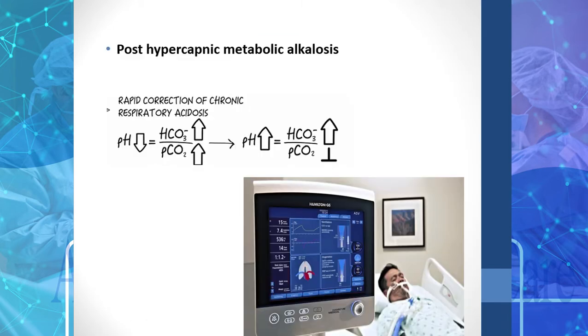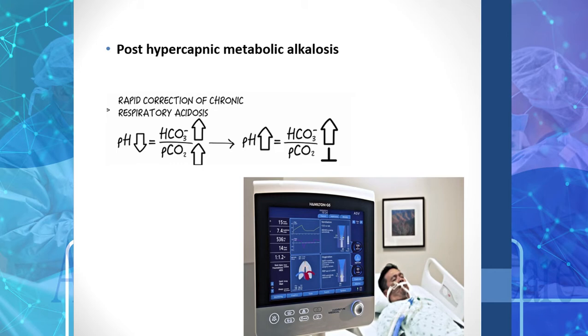Okay, another cause which we usually see in COPD patients is post-hypercapnic metabolic alkalosis. What's happening in this situation? This patient, before being put on mechanical ventilation, is used to having carbon dioxide in high amount. Now there is an indication to put him on mechanical ventilation. What is this indication?